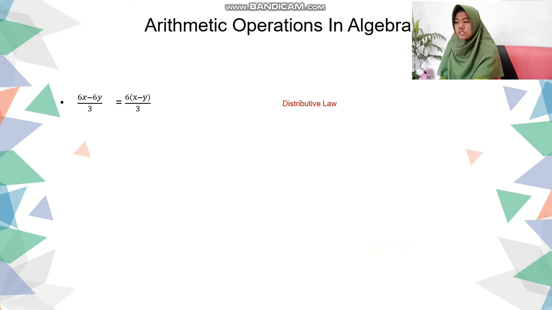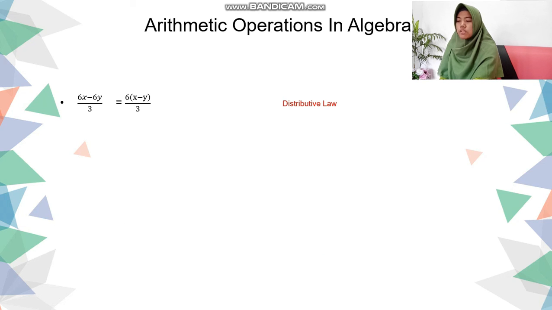The solution for the second question: 8x minus 6y all divided by 3 is equal to 2 (4x minus 3y) all divided by 3.